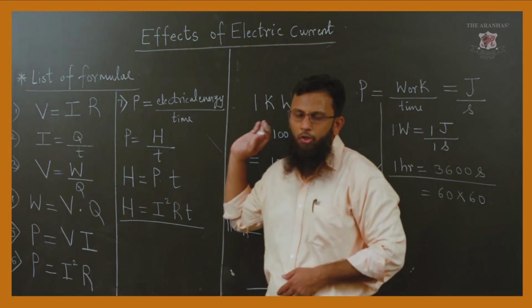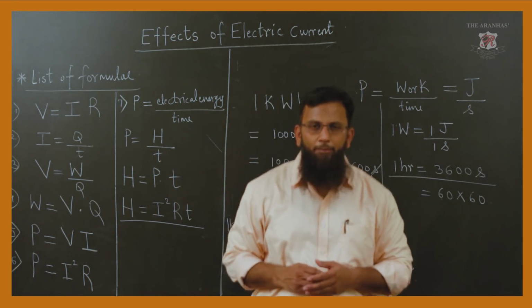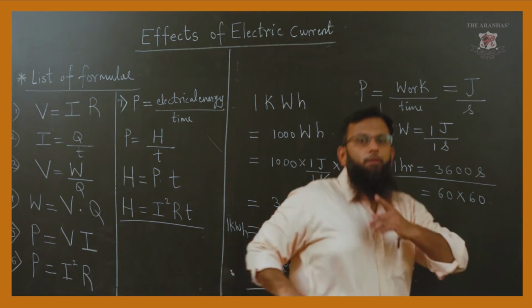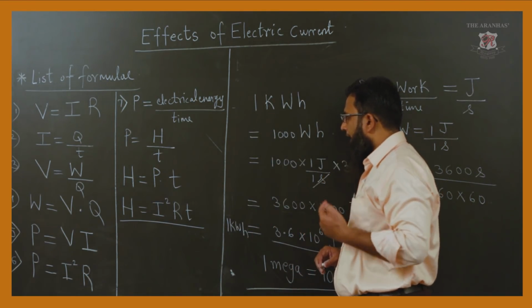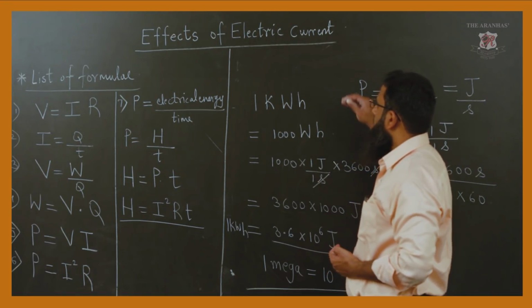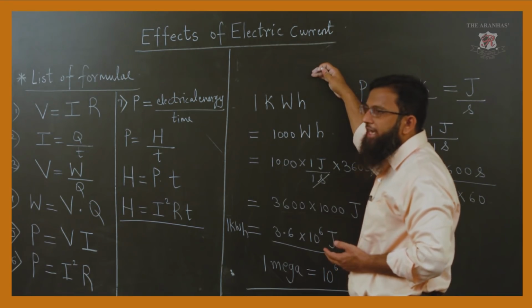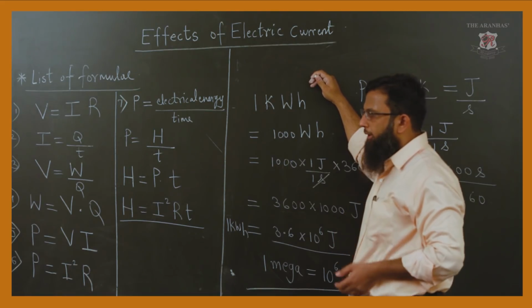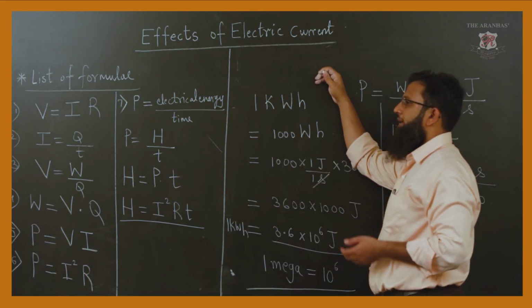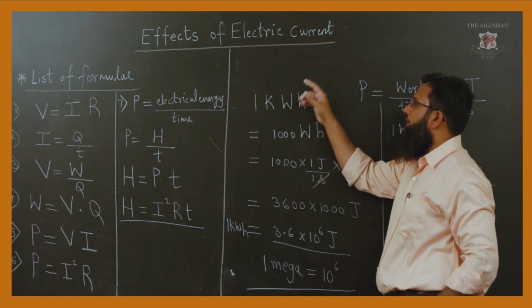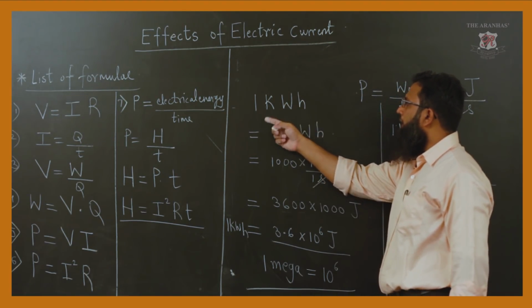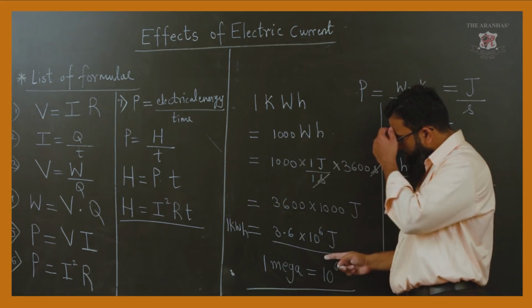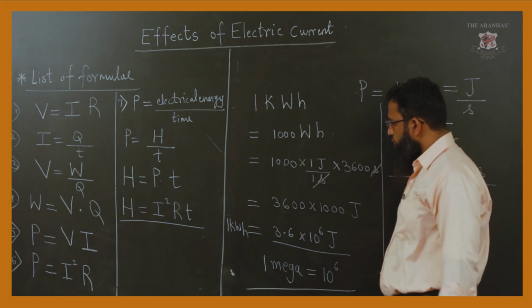Then we saw two simple numericals which were based on the power, calculating the resistance, and then after that we have seen what is the unit actually used for calculating the electricity. Based on the rate you can get the cost, and then at the end we saw how 1 kilowatt hour can be converted into joules.